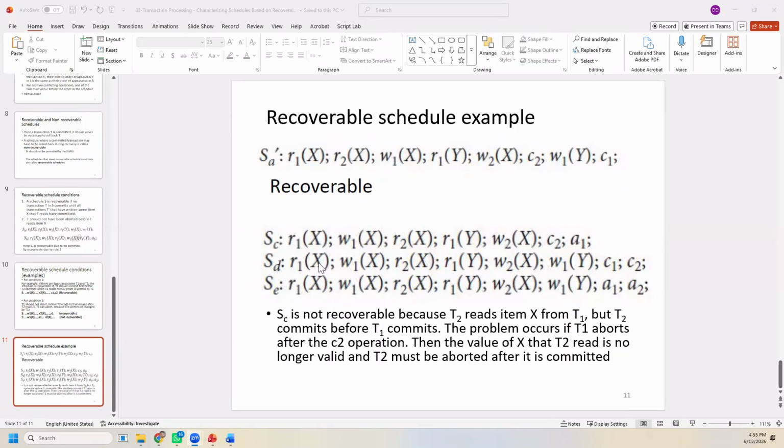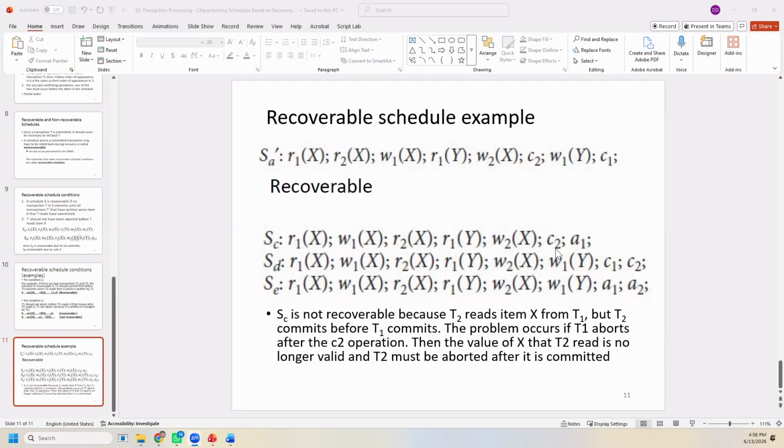Then here this SC is not recoverable because T2 reads item X from T1, but T2 commits before T1 commits. Right here, this commit is a problem.